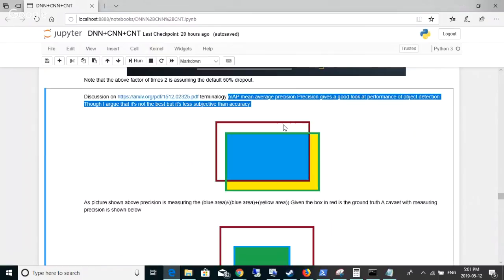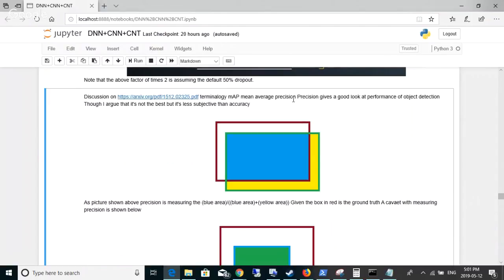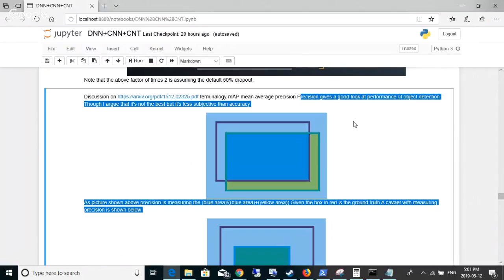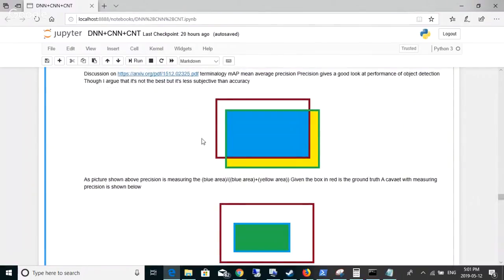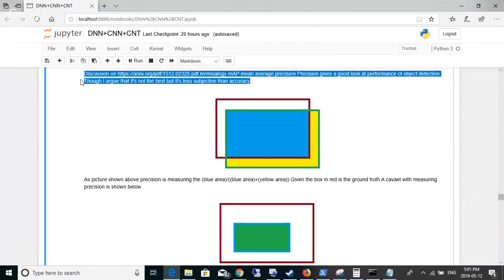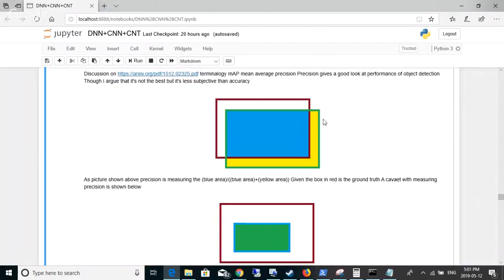Okay, so I was discussing mean average precision. The reason I believe precision was used as the measurement of performance for object detection in the paper is that it gives a better look at performance than just accuracy. But I still don't think it's the best look at how well an object detection algorithm is doing its job. The reason is this: you can see here, suppose both these bounding boxes are detecting, say, a cat.